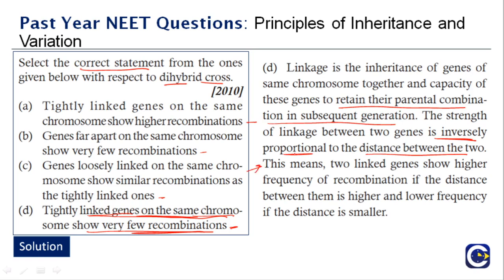Okay, this is very important. The two linked genes show higher frequency of recombination if the distance between them is higher and lower frequency if the distance is smaller. Okay, so the correct answer is tightly linked genes on the same chromosome show very few recombinations.